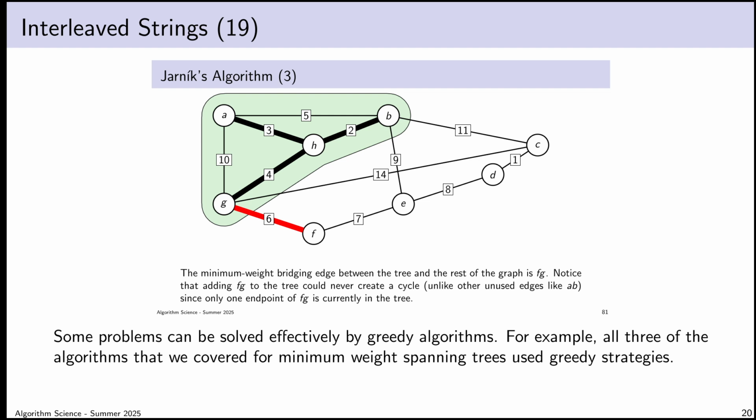So the most obvious example of why this is a greedy algorithm, or why this is a greedy approach, would be to look at Jarnik's algorithm, because you have a single tree and you're choosing one edge that is the minimum weight edge leaving the tree. But it turns out that both Kruskal's and Boruvka's algorithms also actually could be considered greedy approaches. They're just making locally optimal decisions backed up by this theoretical property that tells us that if we do that at each step, we will eventually get the global optimum.